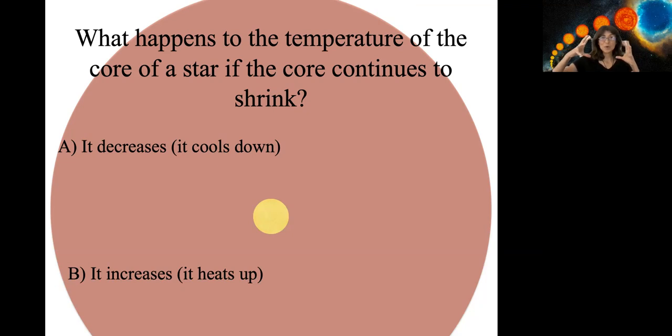It's becoming smaller and smaller because gravity is winning and it's pushing it. So there's no more fusion, so things go out of balance. Gravity wins on the inside and it shrinks the core, and it becomes denser and denser. But what happens to its temperature? Does it get hotter or does it get cooler?